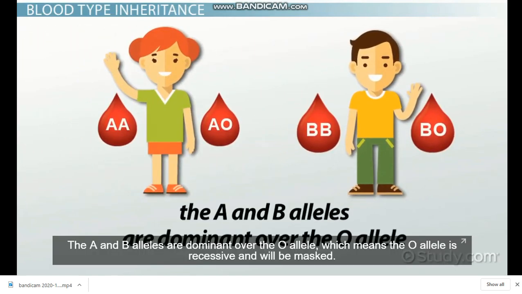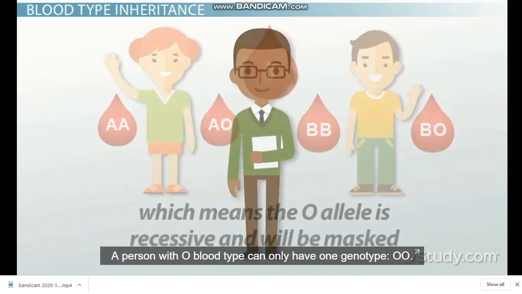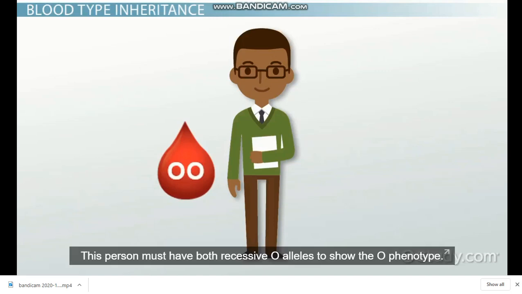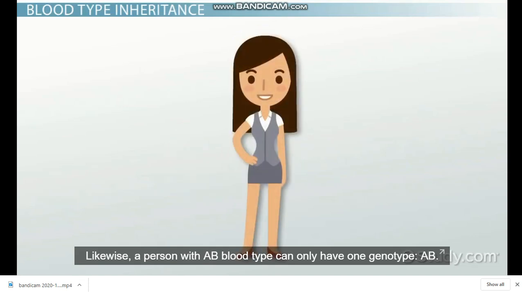The A and B alleles are dominant over the O allele, which means the O allele is recessive and will be masked. A person with O blood type can only have one genotype, OO. This person must have both recessive O alleles to show the O phenotype. Likewise, a person with AB blood type can only have one genotype, AB.